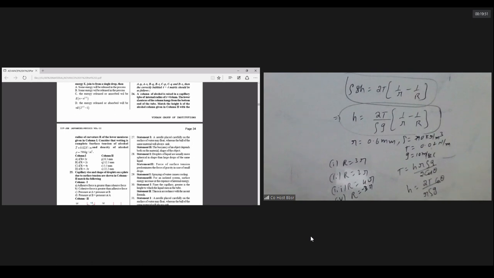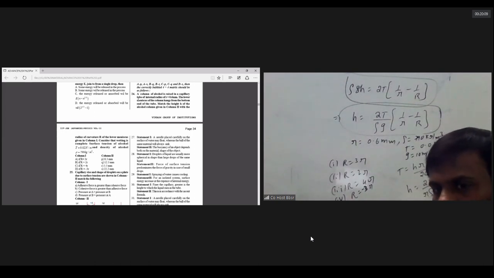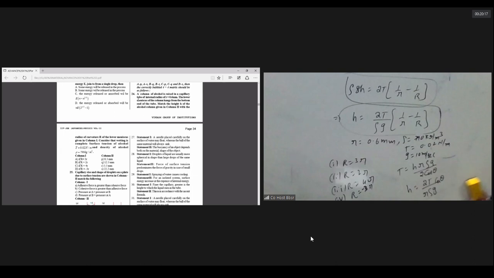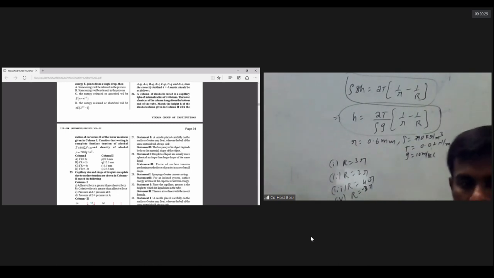Then h equals 2T upon r rho g. It means for small angles, the cos theta value can be neglected. Maybe the angle of contact will be less than 20 degree, 15 degree something. Find the values in all.